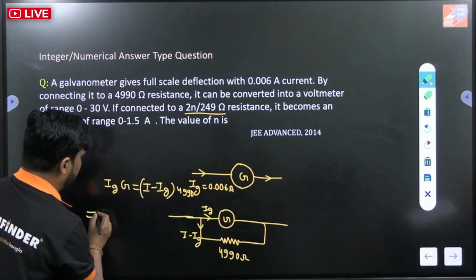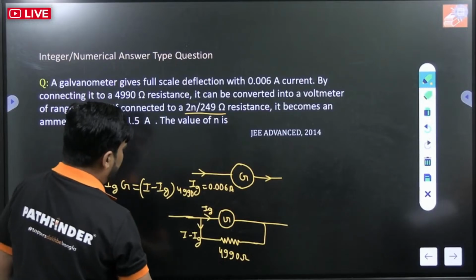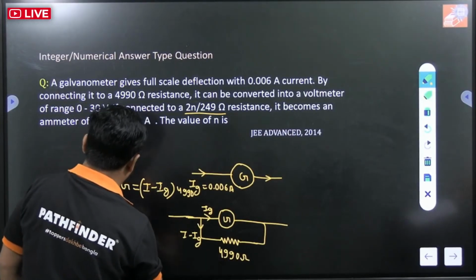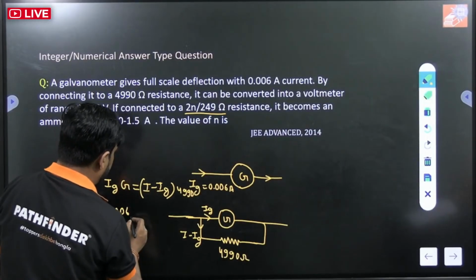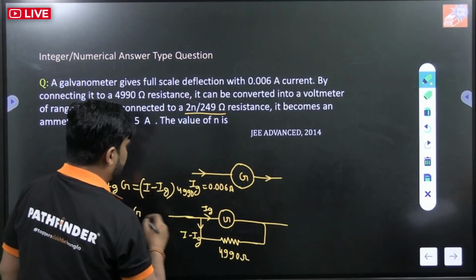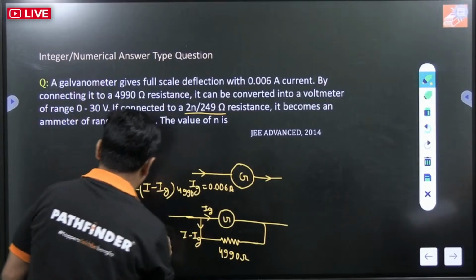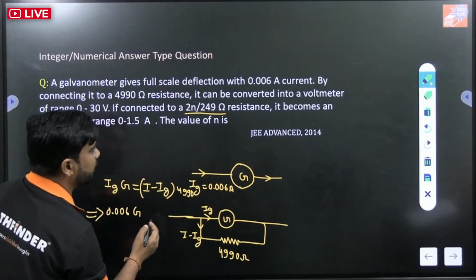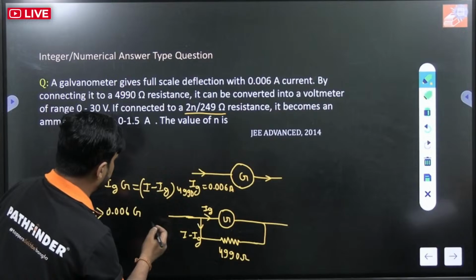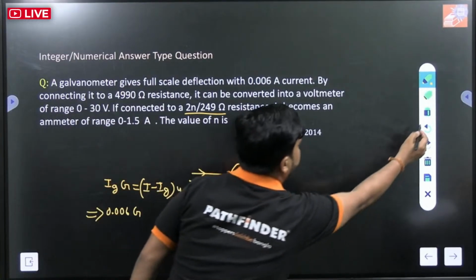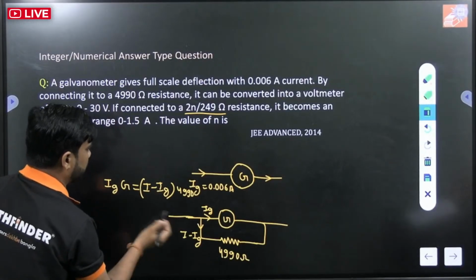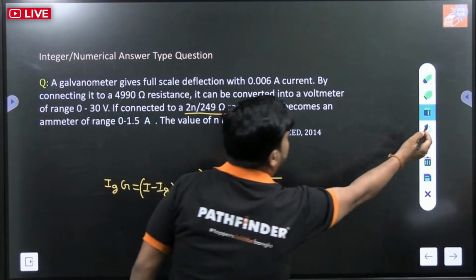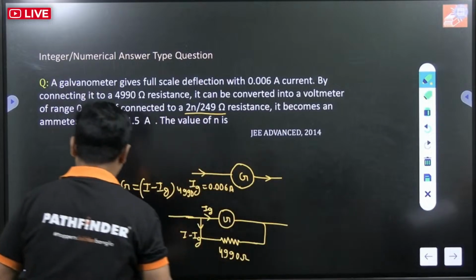Now, in this case, what is the value of this one? 0.006 into G. Just assume it one equation. Here I am writing one equation. So let me write it here.